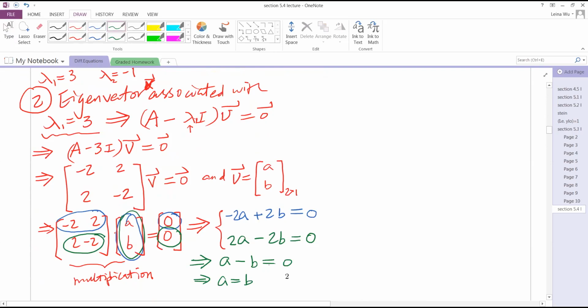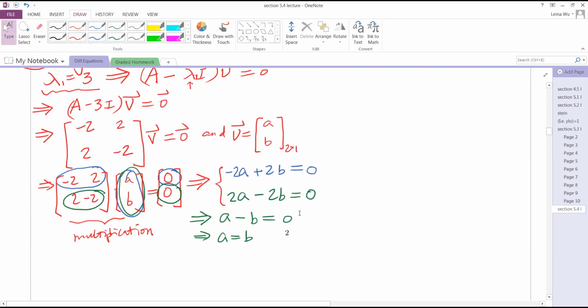Good so far? Okay, so I can just say, the eigenvector corresponding to, so for lambda equals 3, eigenvector v will just be a, b, which is the same as a, a, right?